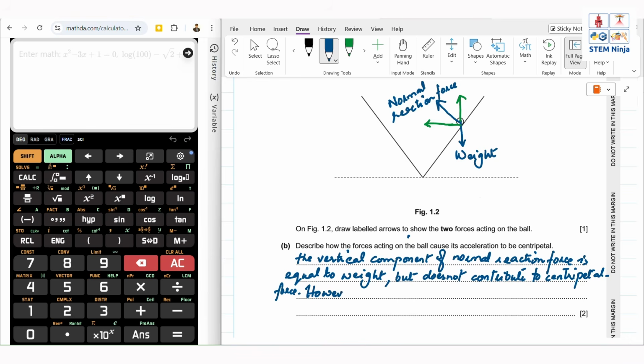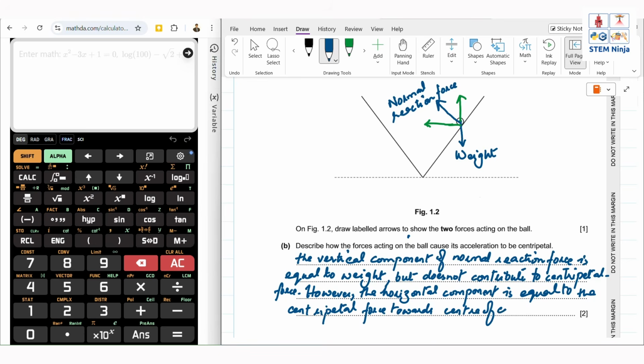However, the horizontal component is equal to the centripetal force towards the center of the circle, and they use the word acceleration over here.